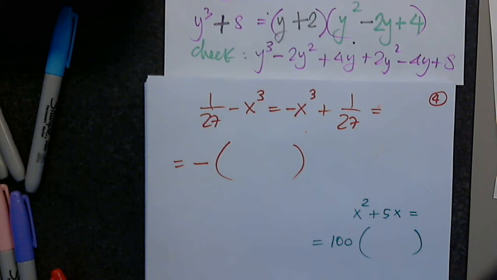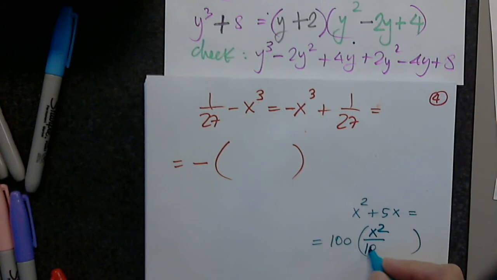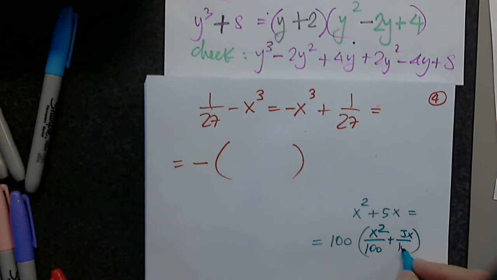These two terms don't have 100 in common. Where did it come up with 100? I want to factor out 100. As long as I put the correct quantities in here, I can factor out anything I decide to factor. 100 over 1 times x squared over 100 is x squared. 100 over 1 times 5x over 100 is 5x.